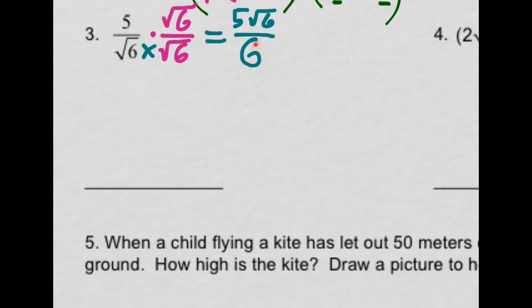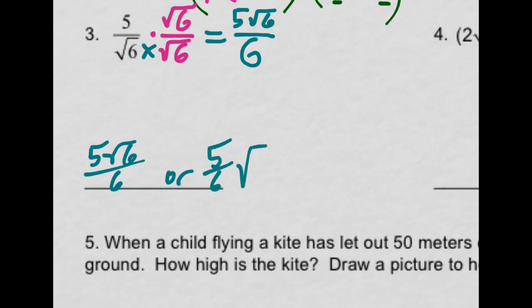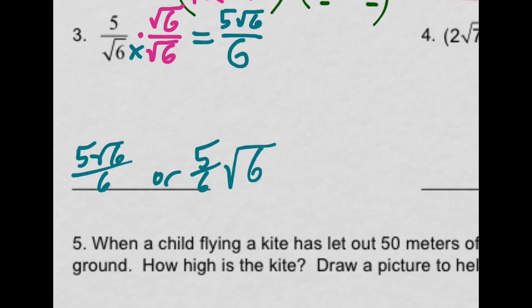Can I divide 5 by 6 evenly? Anything like that? Nope, not really. So I can just say 5 times the square root of 6 over 6, or I could say 5/6 times the square root of 6. Both of those would give you the same outcome. All right?